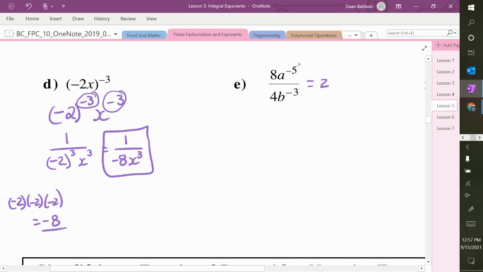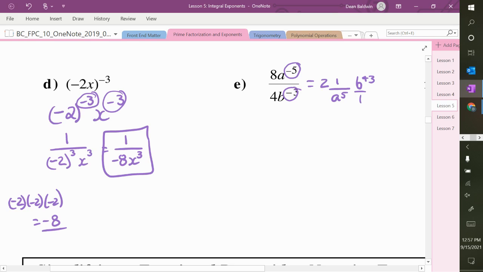If you are in the numerator with a negative exponent, where should I put it to make it a positive exponent? In the denominator. So you can write 1 over a to the 5th. If the b has a negative exponent, how do I make it positive? Put it in the numerator. So I could write b to the positive 3 like that.